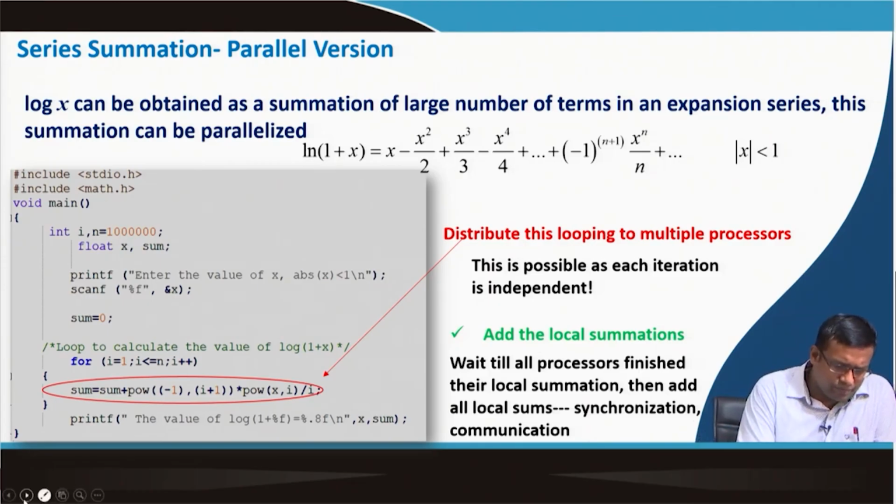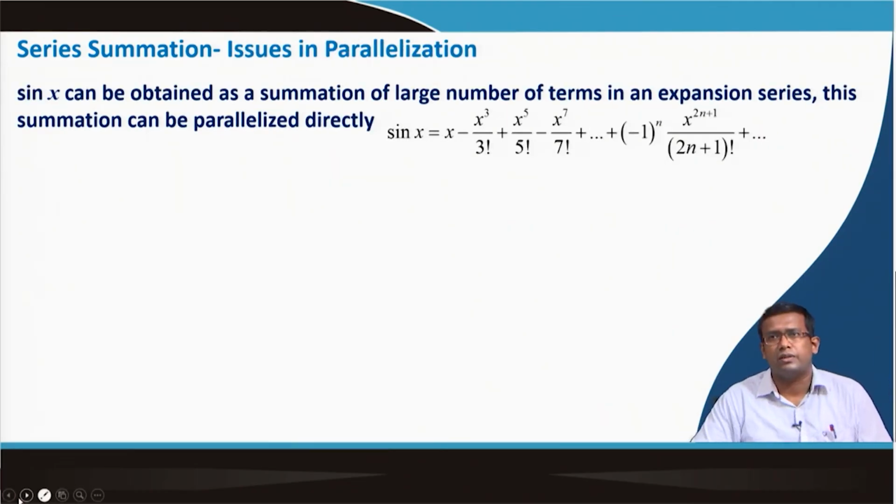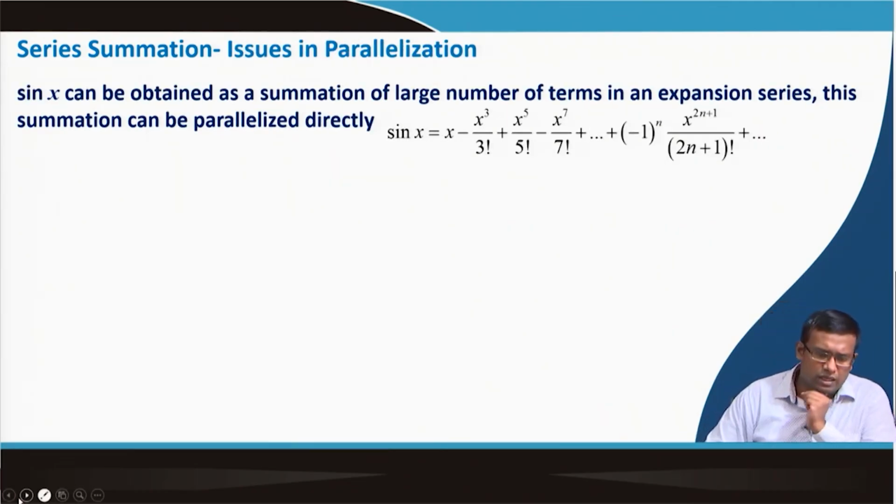Well, now we take another example, that is sin of x. Sin of x can also be obtained as summation of a large number of terms in the given expression series.